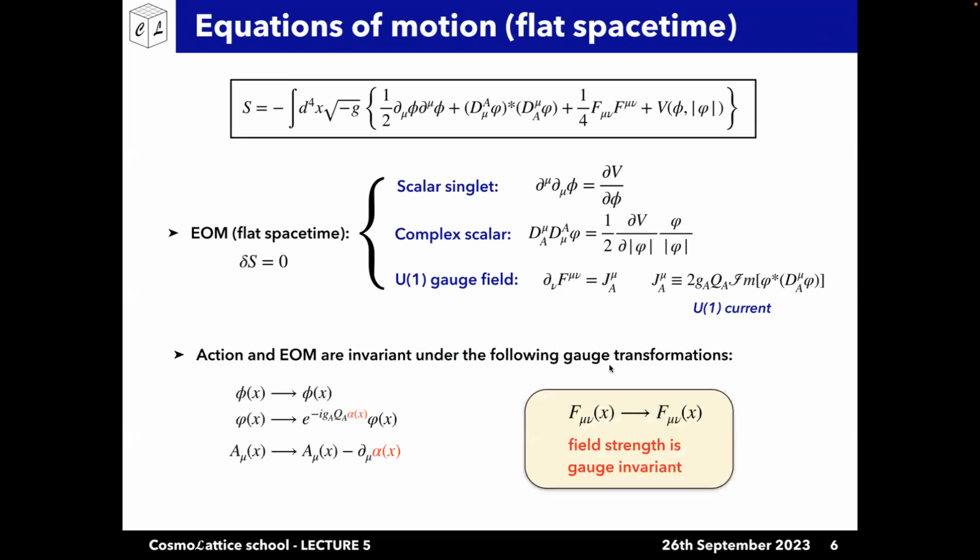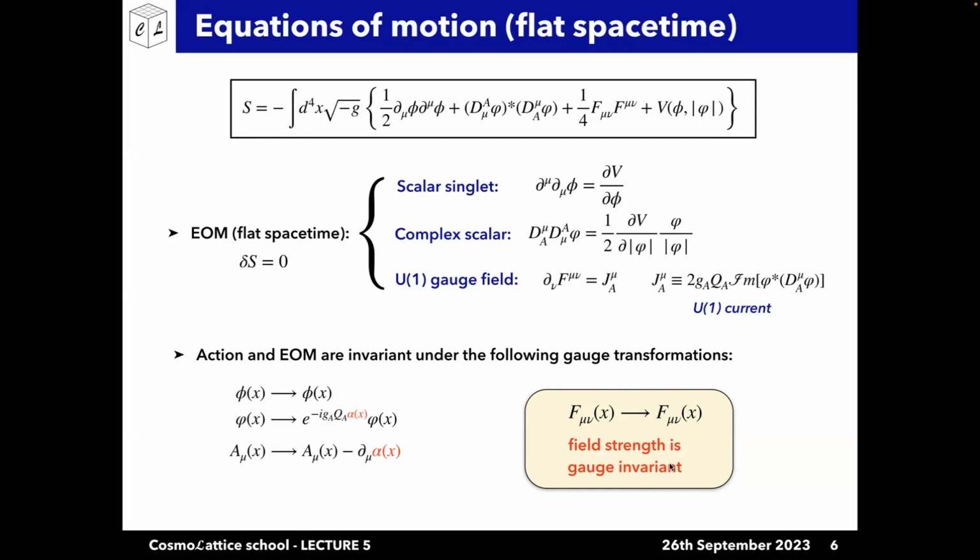What is important here is that both the action and the equations of motion are invariant under gauge transformations. We take the field phi and multiply it by e to the minus i alpha, where alpha is an arbitrary function, and simultaneously we shift the gauge field A_mu by minus the partial derivative of mu alpha.